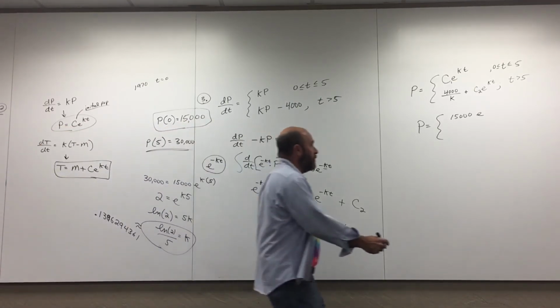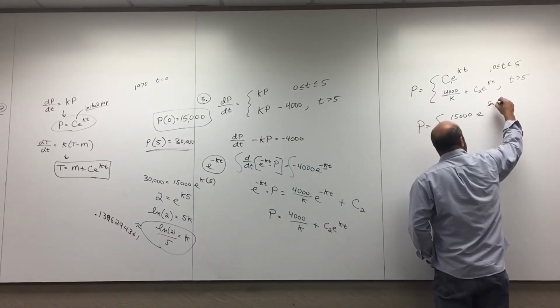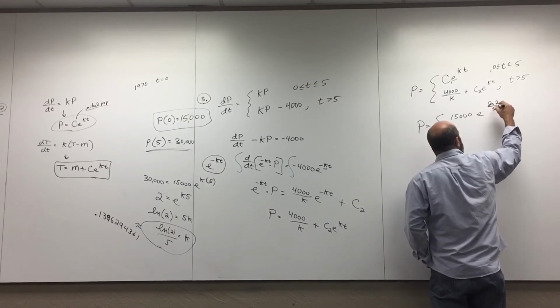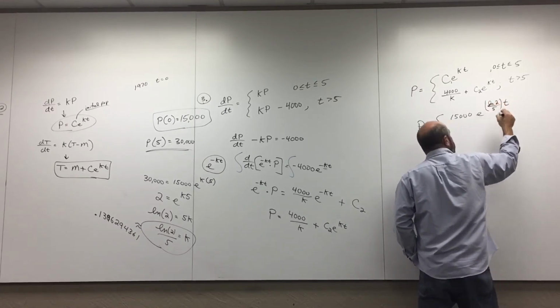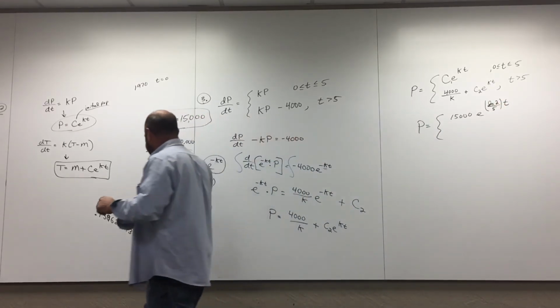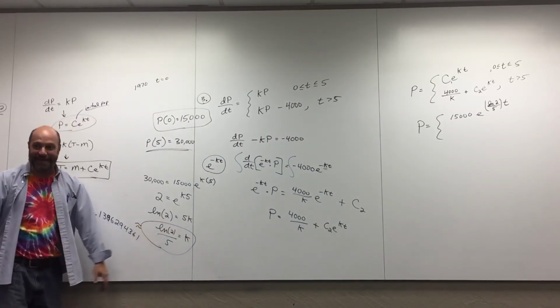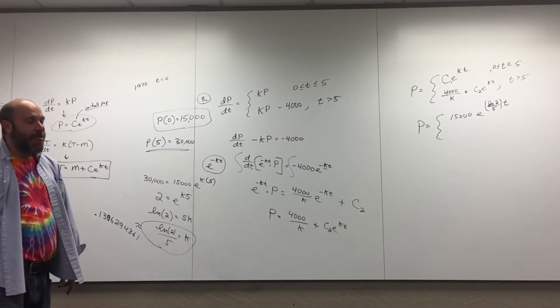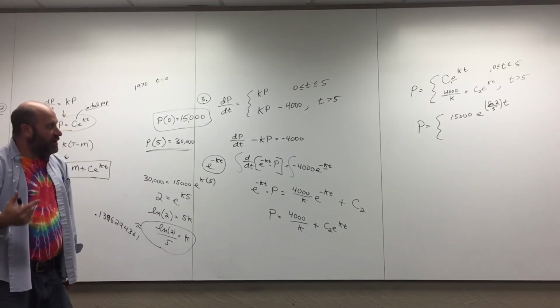Okay, so I'm going to just put this in my little equation here. The natural log of 2 over 5 is my K times T. It's shorter to write that than all those decimals, so I'm writing that. You know, here's something else.